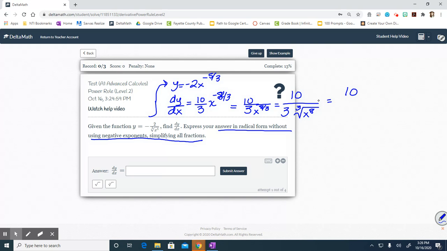So 10 over 3, cubed root, let's see, 8 can be divided by 3 twice, so x squared, and there would be 2 times 3 is 6, there'd be 2 left over. So let's see if this is how they want me to type in my answer.